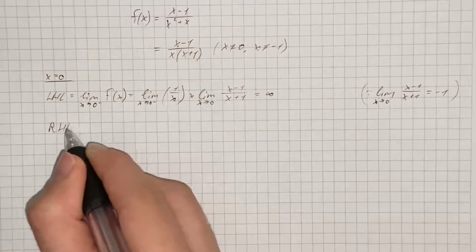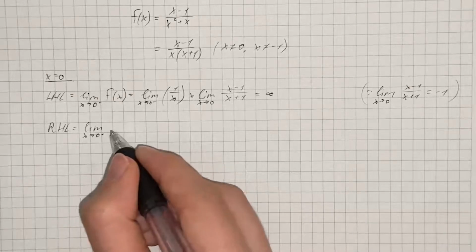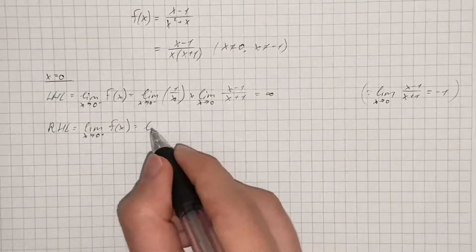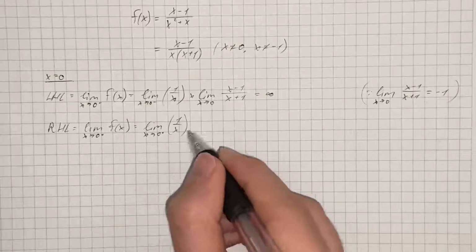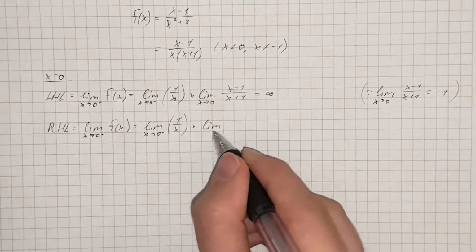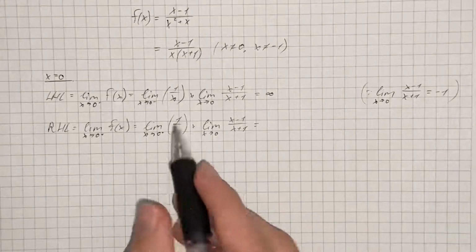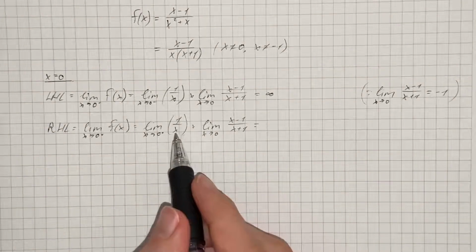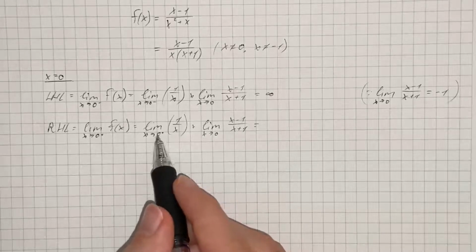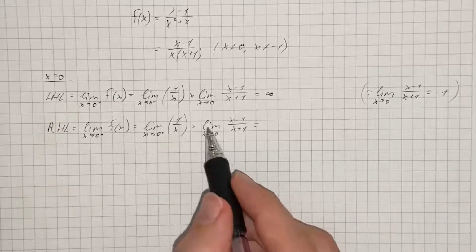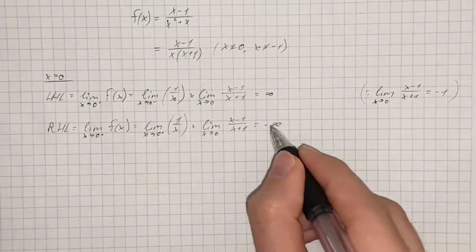Now we're going to find the right hand limit, the limit as x approaches 0 plus of f of x, and we get the limit as x approaches 0 plus of 1 over x times the limit as x approaches 0 of (x minus 1) over (x plus 1). This first limit equals infinity because we divide 1 by a positive 0, and the second limit equals -1, so we multiply infinity by -1 and get negative infinity.